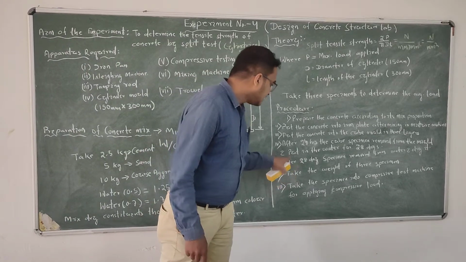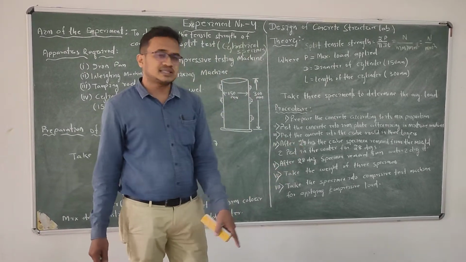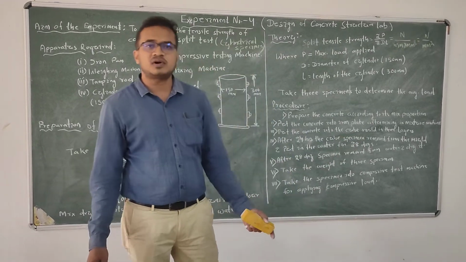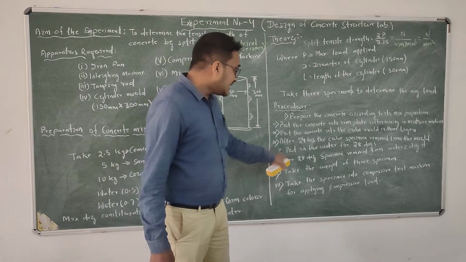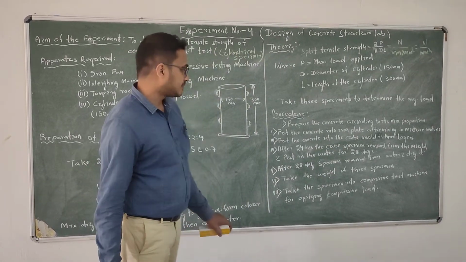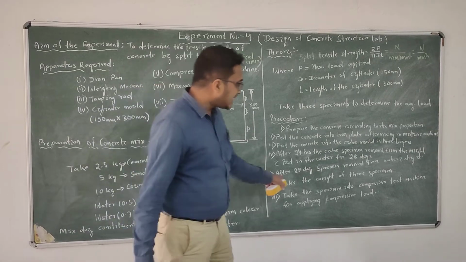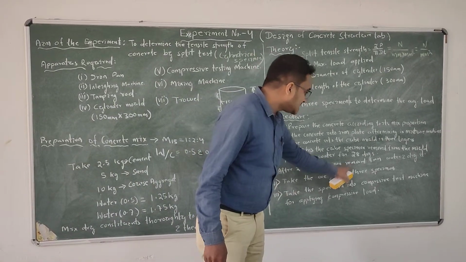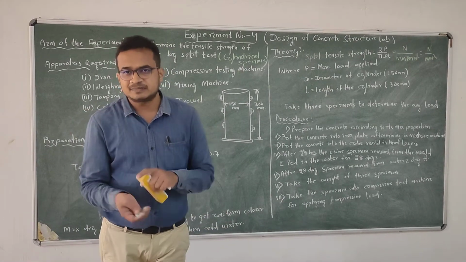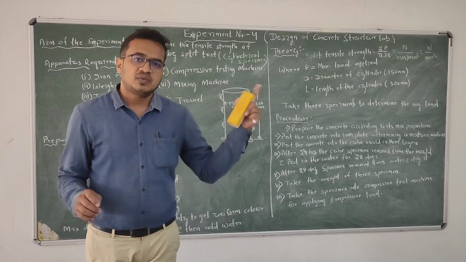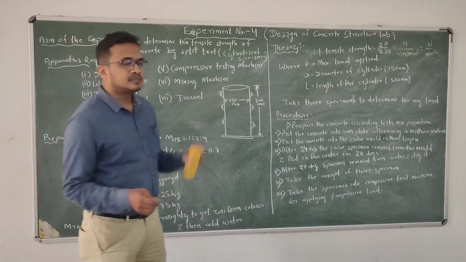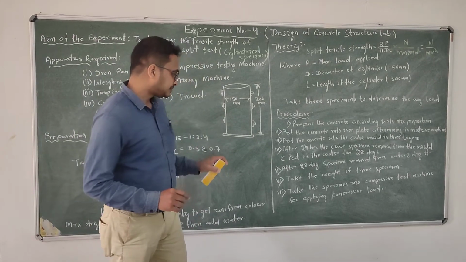Then after 24 hours, the specimen is removed from the mold and put in water for 28 days of curing. After 28 days, the specimen is removed from the water, and we have to dry the specimen and take the weight of each specimen.